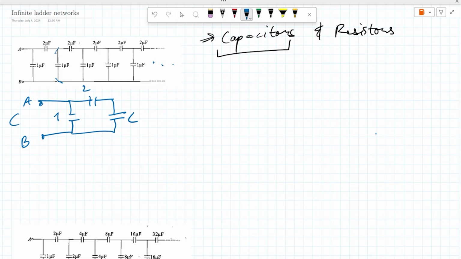While solving this question in particular, what we are going to do is we'll make the equation of capacitors. So when we try to simplify this diagram, what we are left with is A, and in parallel to the 1 microfarad capacitor is the 2 microfarad capacitor and the C capacitor.